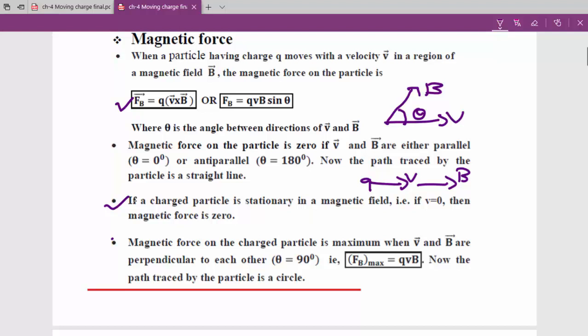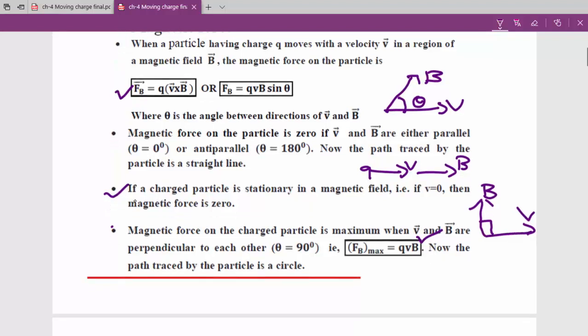So, I will draw the diagrams here. If v and B are perpendicular, then the magnetic force is maximum. The value of the magnetic force is, here you can see, F maximum equal to qvB. This is the maximum force experienced by the charged particle.